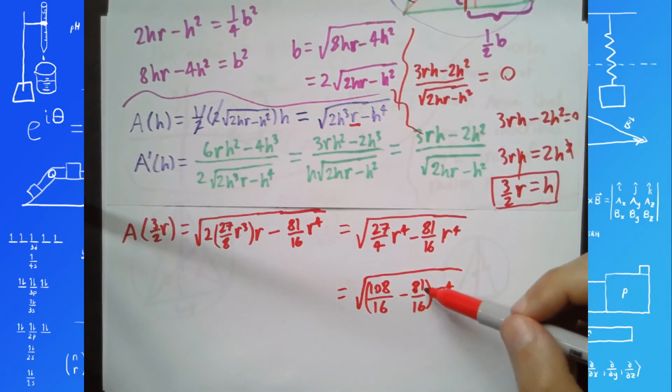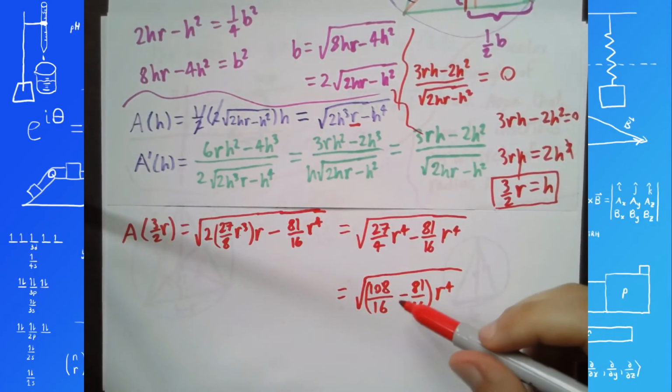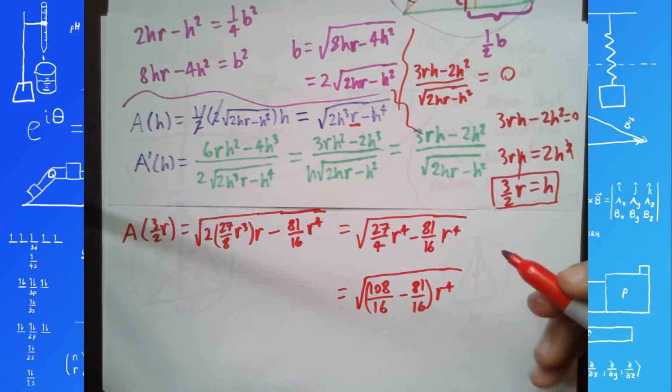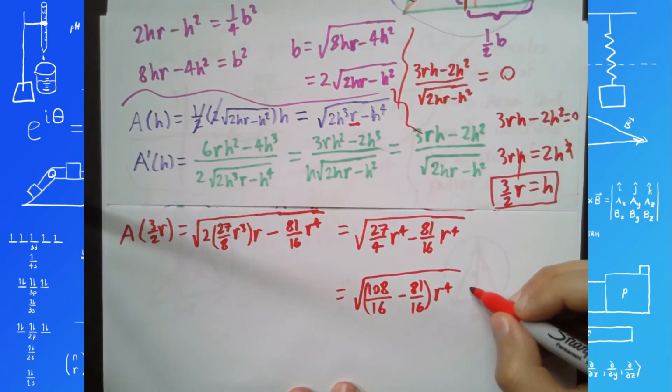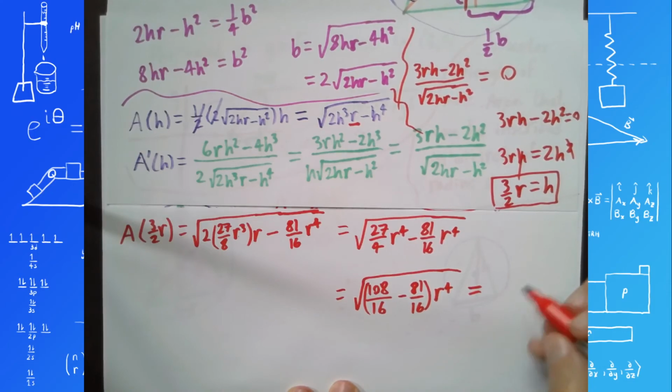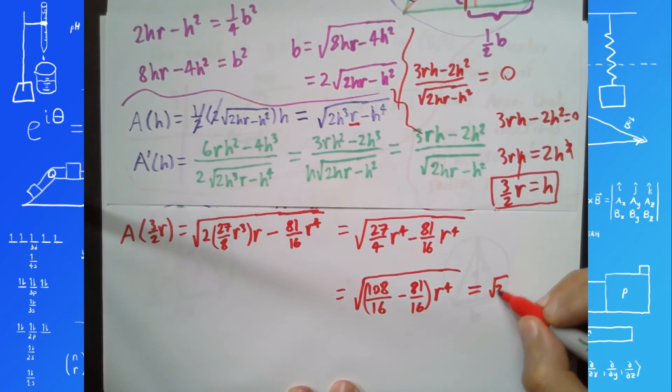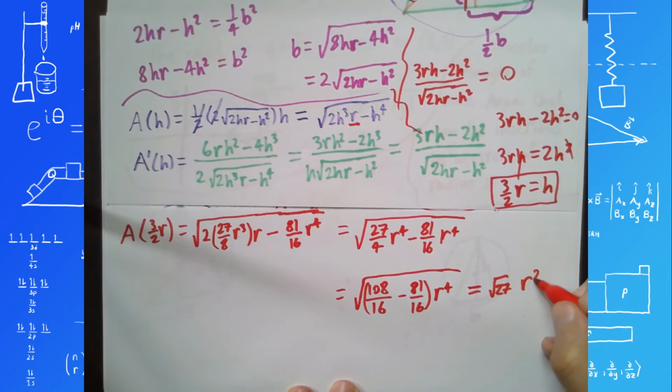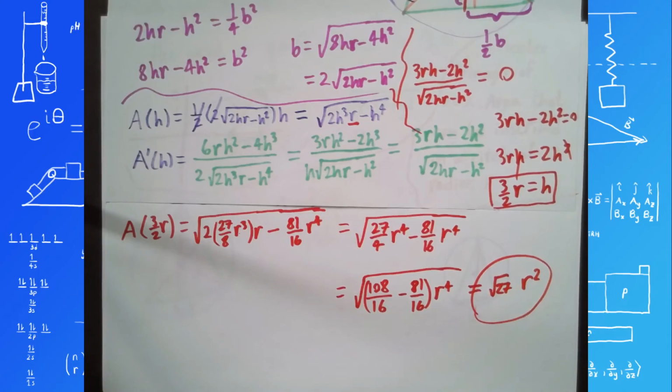Let's see, 108 minus 81, so minus 80, that's 28, and minus 1, that's 27. So it looks like it's the square root of 27r to the 4th, which is root 27 times, if you pull it out of the square root, r squared. Okay, and that is the maximum area.